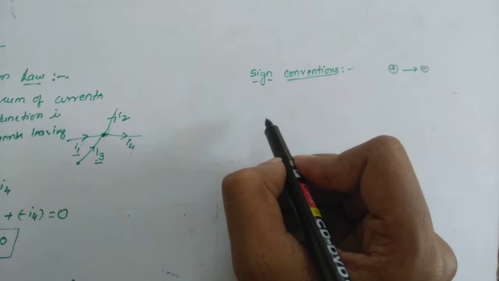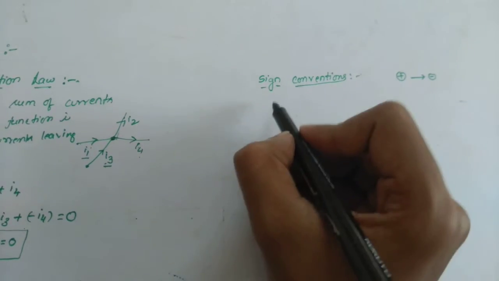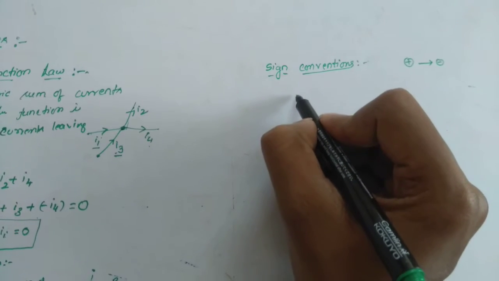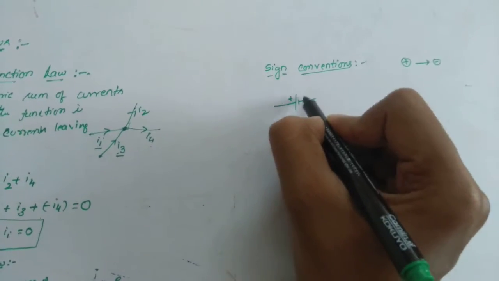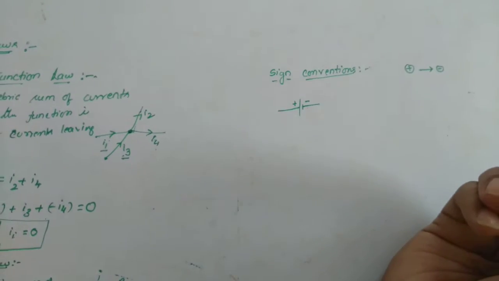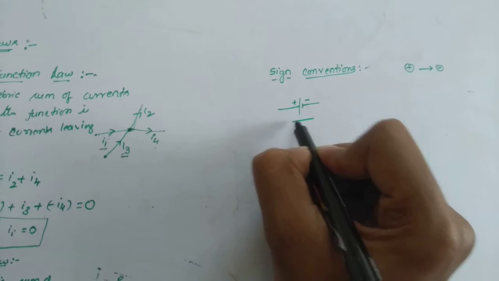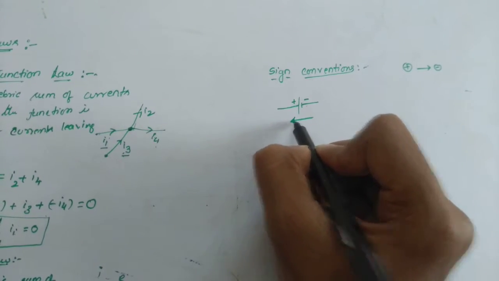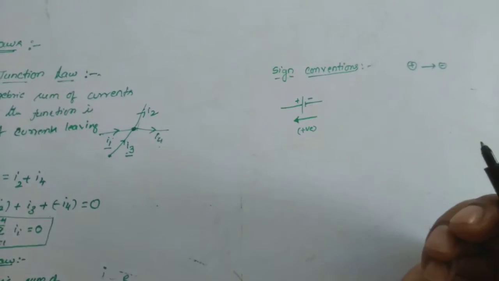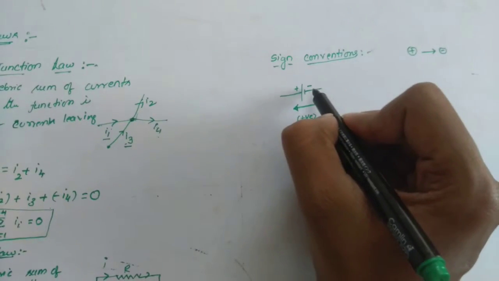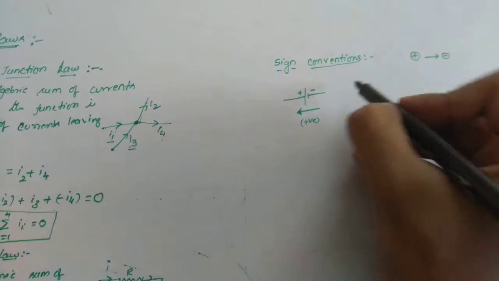So the sign conventions for Kirchoff's second law can be taken like this. For example, let us consider this as a cell. This is the positive terminal, this is the negative terminal. If we move from negative terminal of the battery to positive terminal of the battery, this is taken as positive. Why? Because we moved from low potential to high potential.